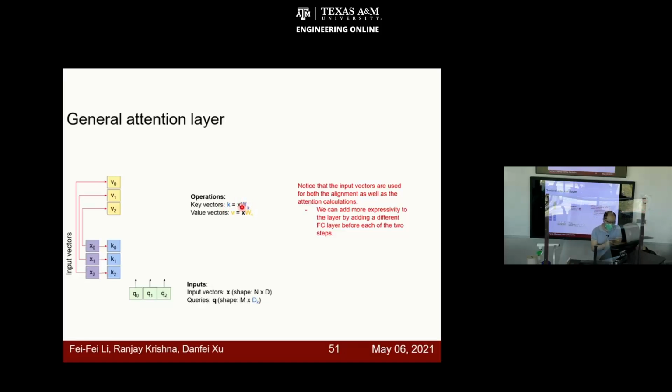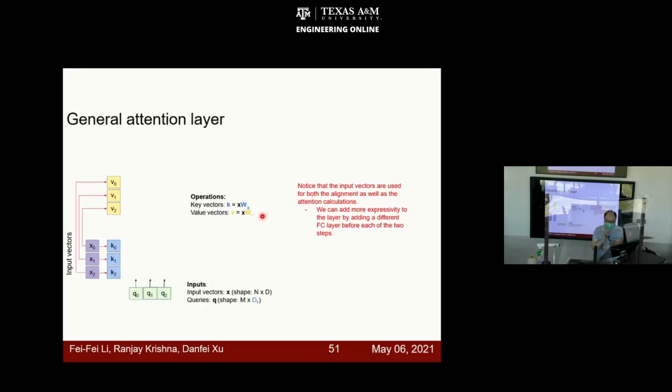I will convert the input x to the value vectors v using these additional linear matrices, fully connected, so matrix W sub v. So I'm going to use the keys and the values in these two separate calculations respectively. I'm not using x in both. I'm using linearly transformed x, called keys and values respectively, in these two steps, okay?